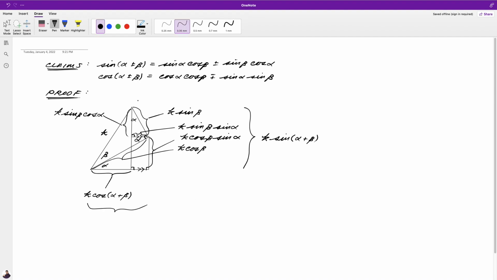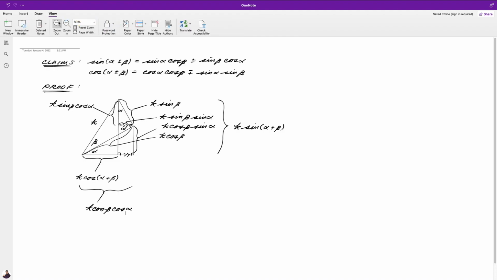And that's, of course, going to be this times the cosine of alpha. So it's K cosine beta cosine of alpha. Okay, let's carefully check over that and make sure we have committed no careless mistakes.